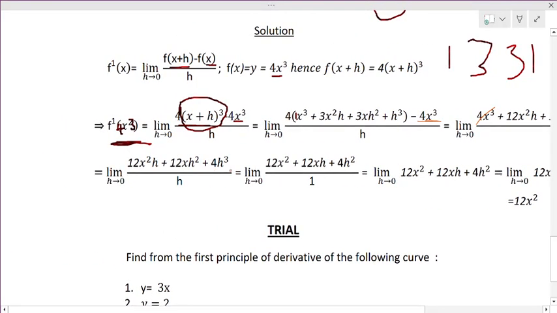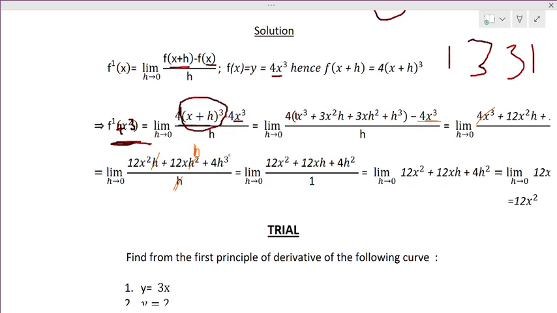Now here too, we can still do our h cancellation. I can cancel this h with this h, so one h will be left here.